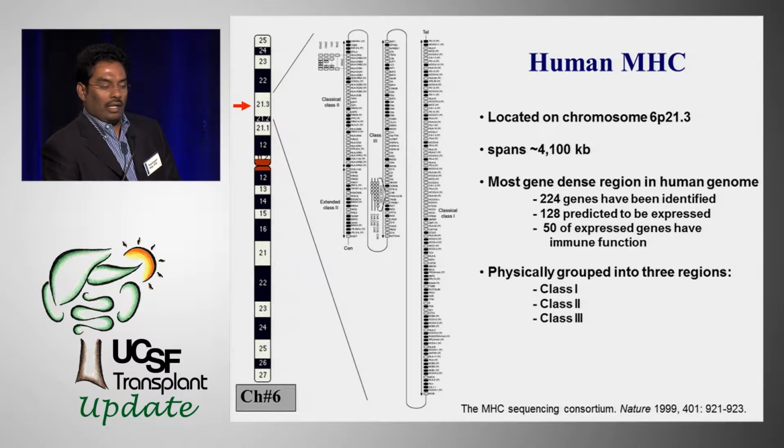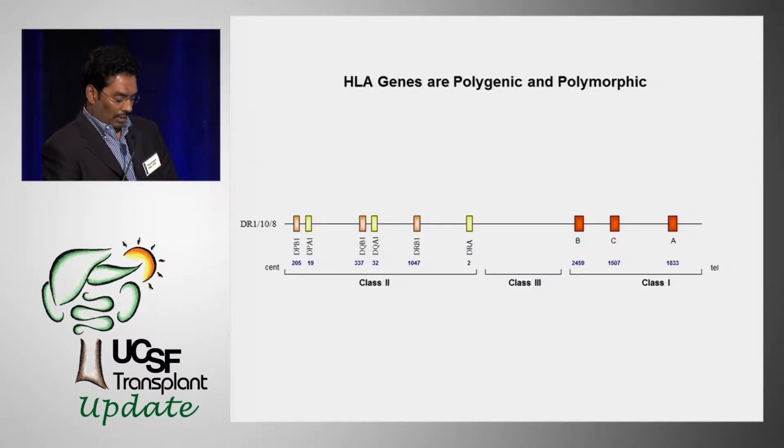In the next slide, I'm going to show a very simple picture of the same slide. These are the class 1, class 2, and class 3 regions. In the class 1 region, we have 3 genes: HLA-A, B, and C. In the class 2 region, we have 3 sets of genes: the DR gene, the DQ gene, and the DP gene.